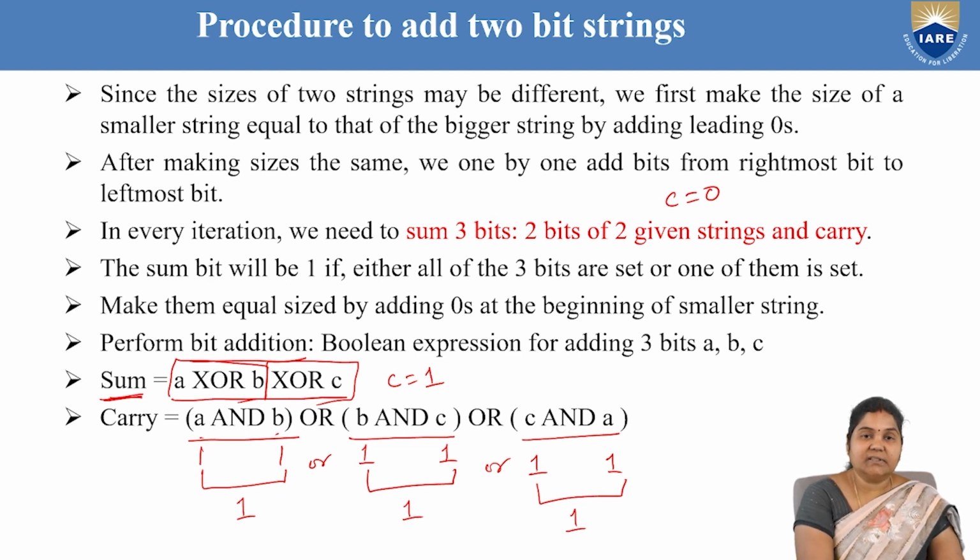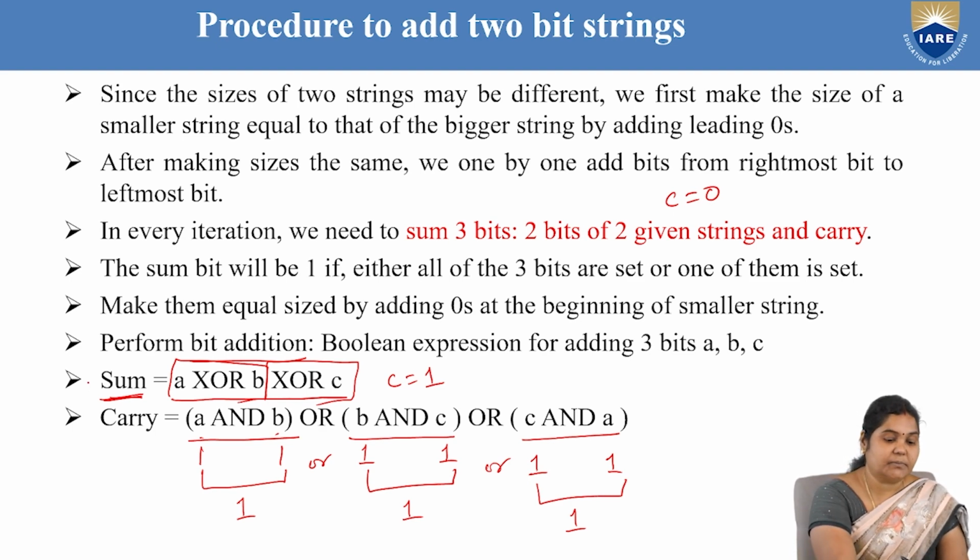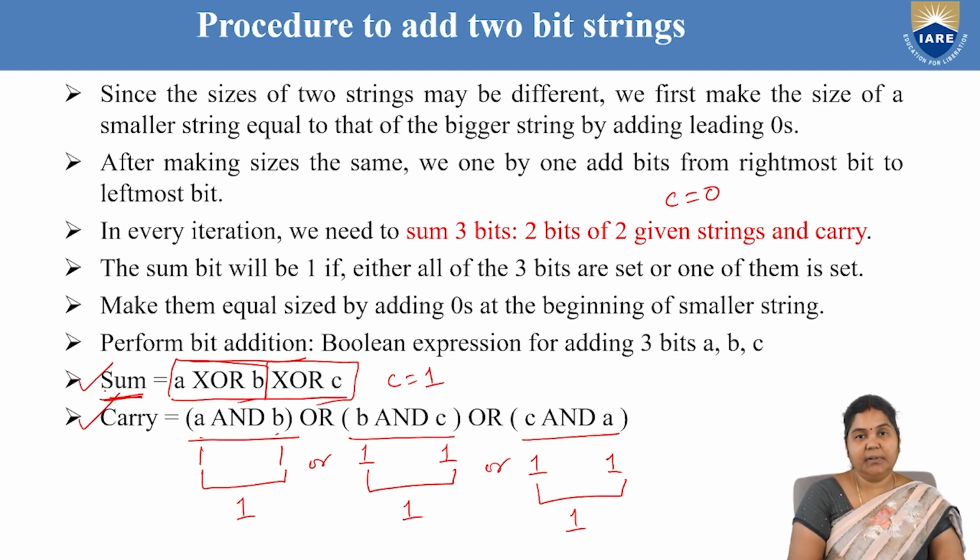Based on this situation, the carry bit will be set or unset, either 1 or 0. So the procedure is, first we equalize both the strings to the same size by adding some leading zeros to the smaller string, and then we apply these two principles for finding the sum value and the carry value, which should be forwarded to the next bit.